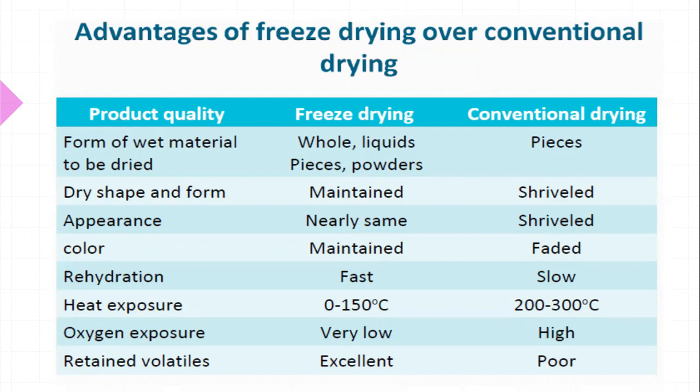Rehydration is faster in freeze drying, while in conventional drying it's very slow. Heat exposure is usually around 0 to 150 degrees centigrade, while in conventional drying it's about 200 to 300 degrees centigrade. So you see how you can also take thermolabile substances. Oxygen exposure is very low while freeze drying, and in conventional drying, of course, you cannot avoid oxygen.